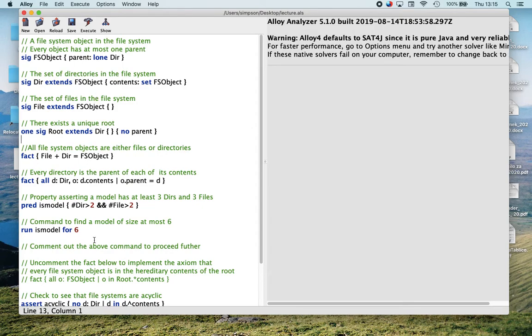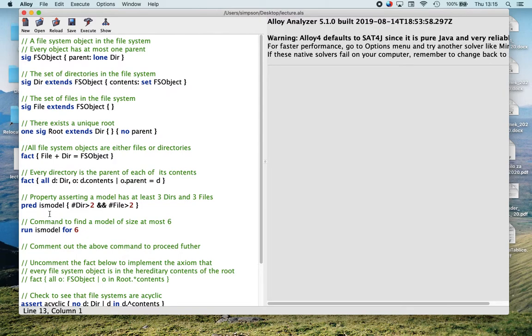And because it's a bounded satisfiability checker, I'm bounding the size of the model at 6. And the way that we ask is there a model of the axioms, is we run a test predicate over the axioms. So the test predicate is we look for a model satisfying a particular predicate.